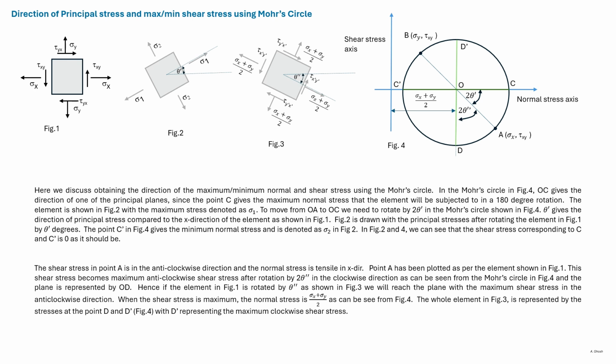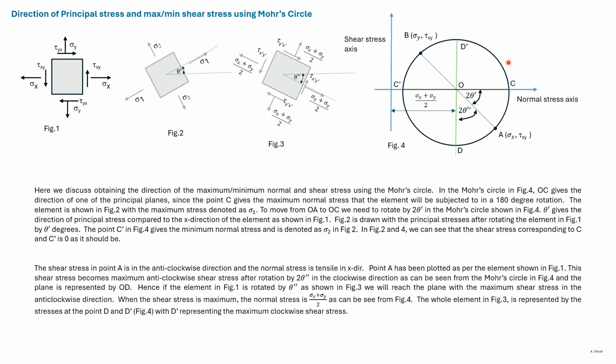Here we show that we can find out the magnitude of the maximum and minimum principal stress and their direction, as well as the magnitude of the maximum and minimum shear stress and their direction using Mohr circle. This is the same element as from the last slide, and this is the same Mohr circle, which is schematic.